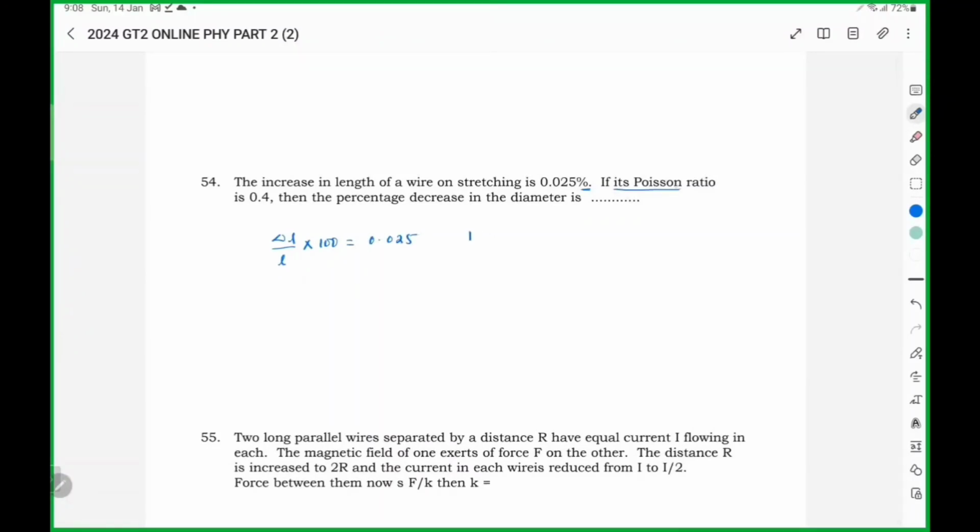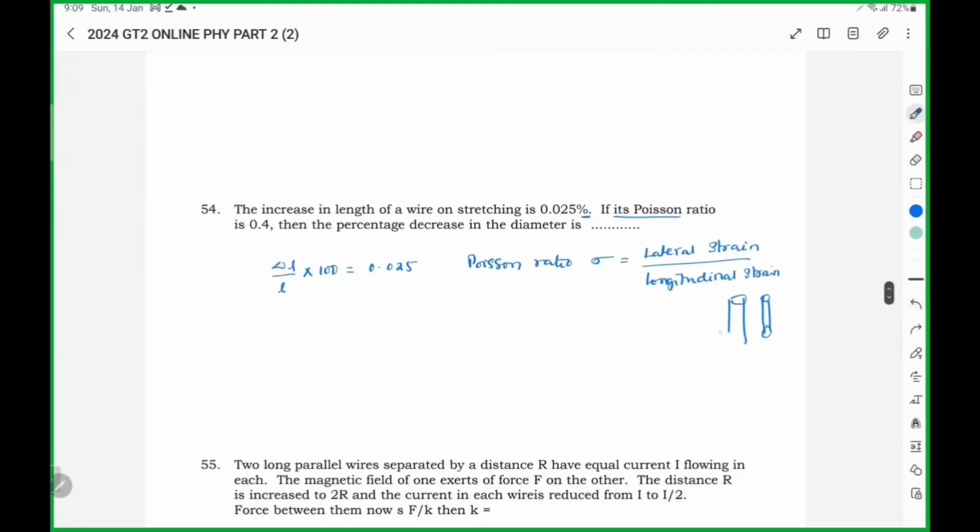Poisson ratio sigma is equal to lateral strain by longitudinal strain. Due to stress, the length increases.